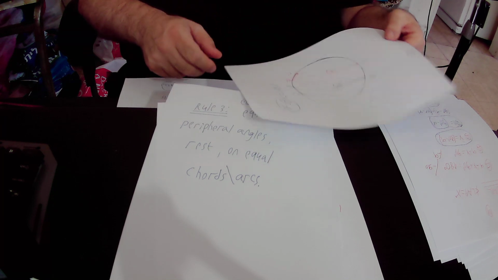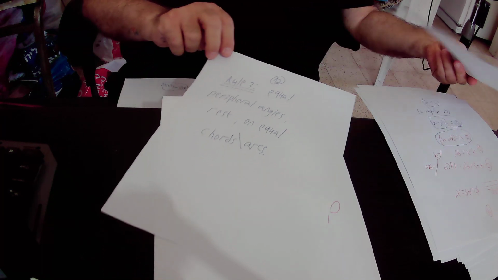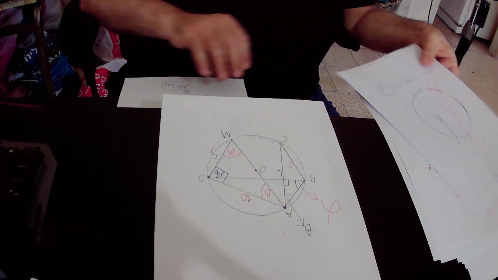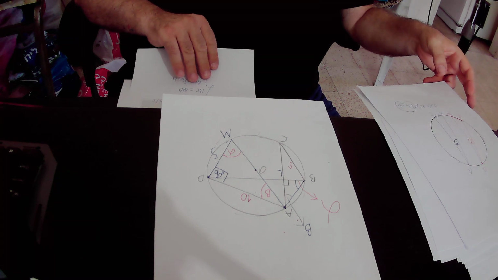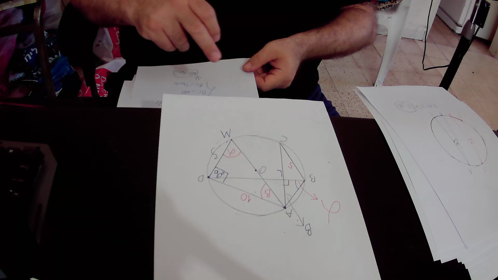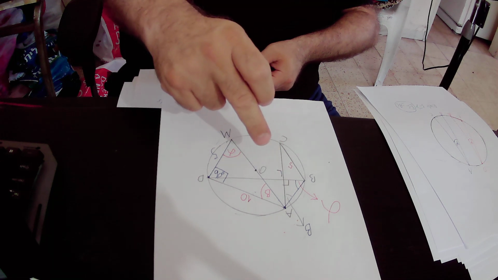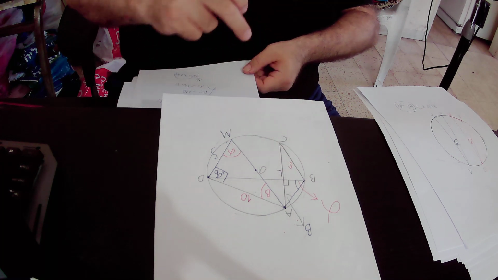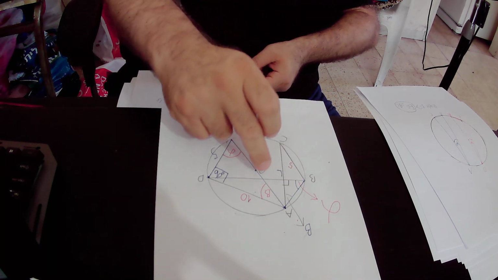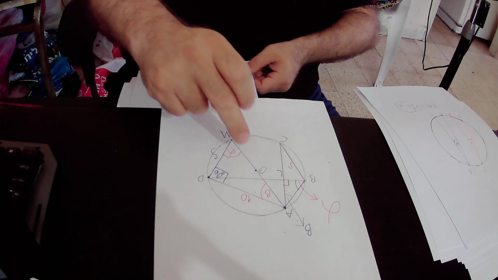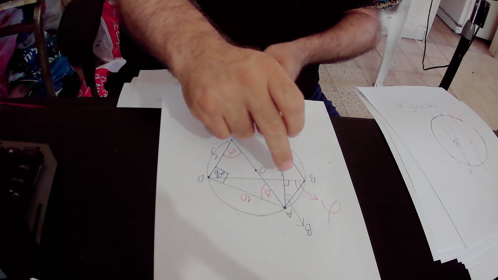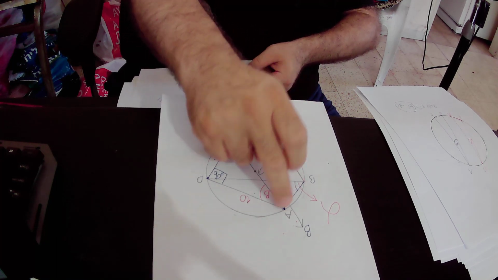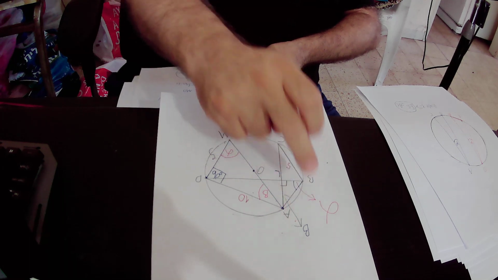Now we can implement rule number 3 in our circle. We have angle BAC that equals beta. Angle BAC equals beta.